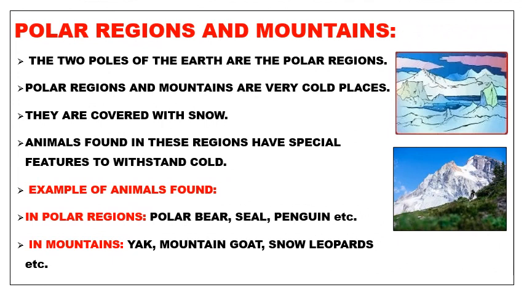Next is polar regions and mountains. Students, the two poles, that is the North Pole and the South Pole of the Earth, are the polar regions. These areas are covered with snow throughout the year, while mountains are large landforms that rise above their surroundings and have cold temperature.